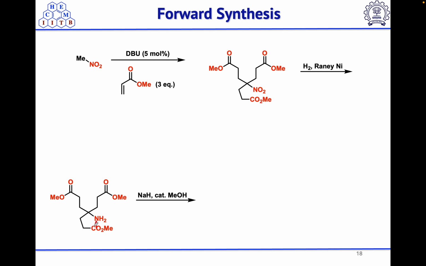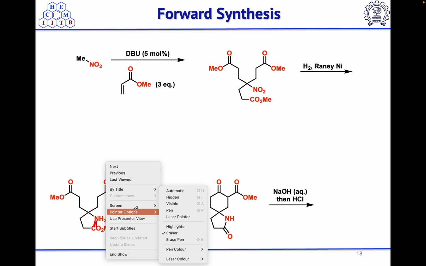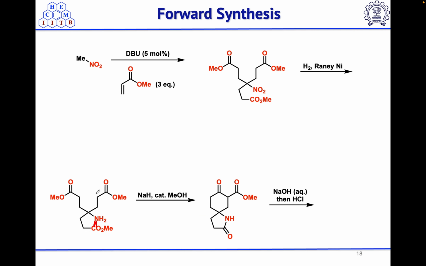First this C-N bond will form, and this C-C bond will also form, in the same conditions. First the lactam will form, followed by the condensation reaction to give this product.